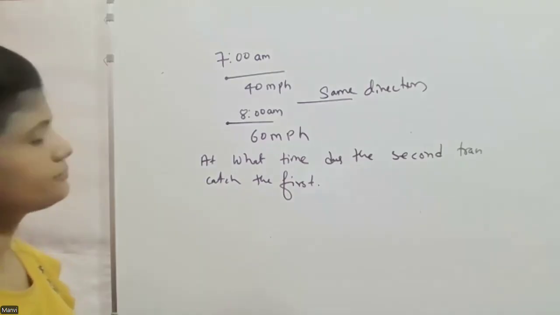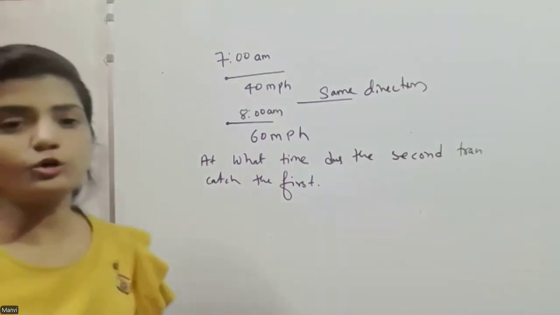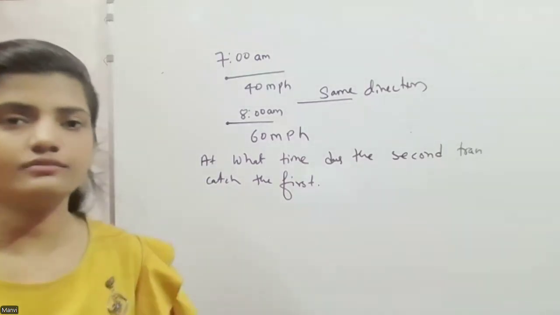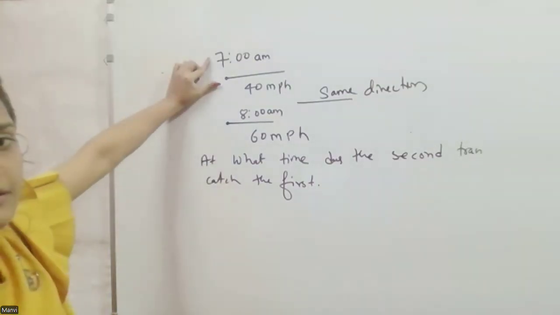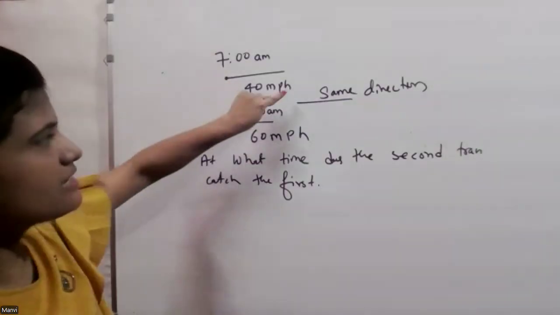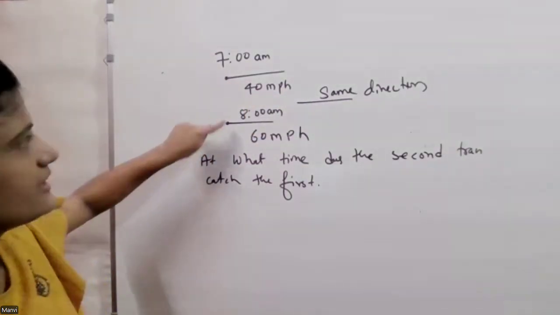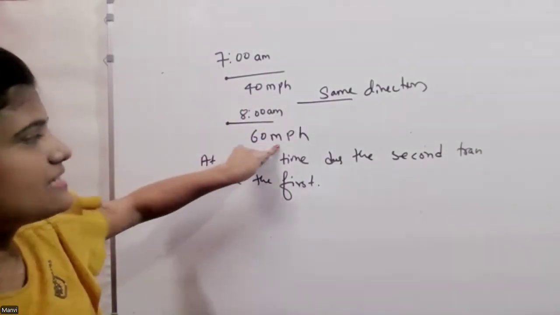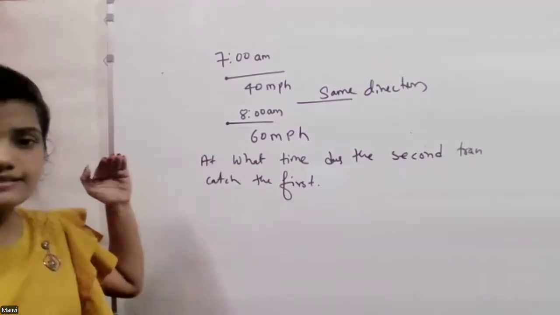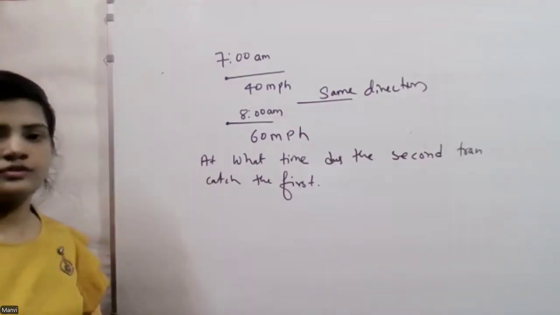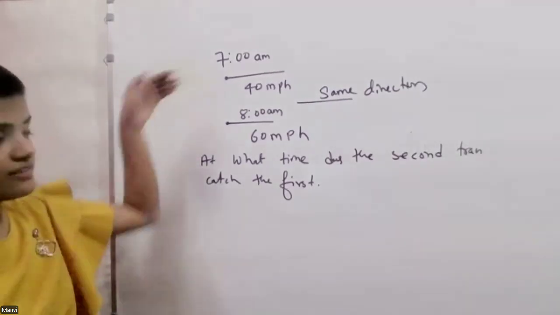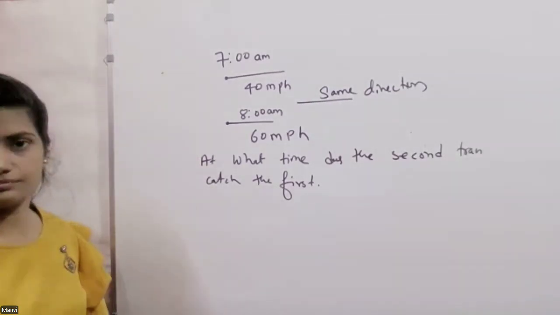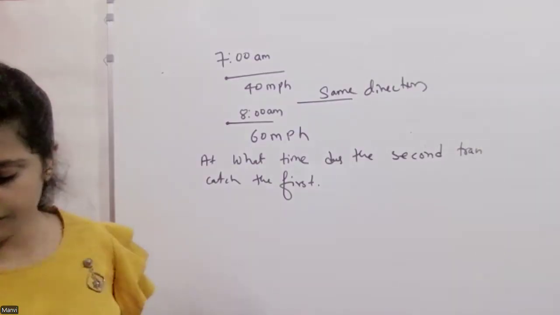Try to work it out. Do you want me to explain the question again? Train A starts at 7 with a speed of 40 miles per hour. Train B starts at 8 with a speed of 60 miles per hour and travels in the same direction. So you need to calculate at what time the second train catches the first.